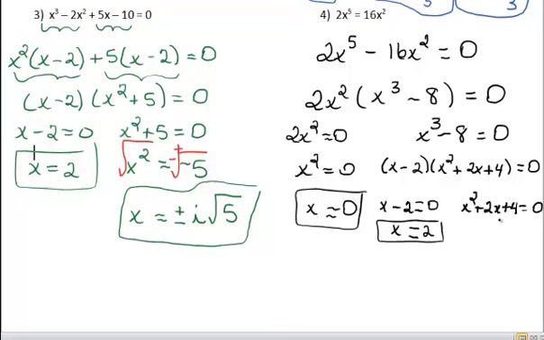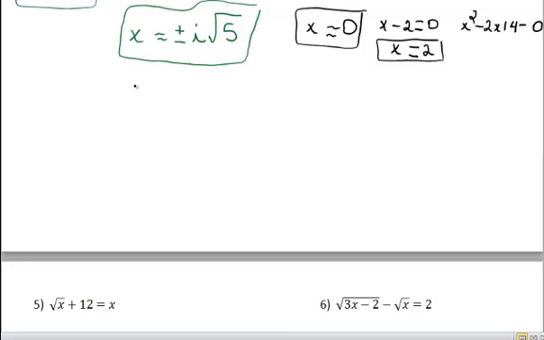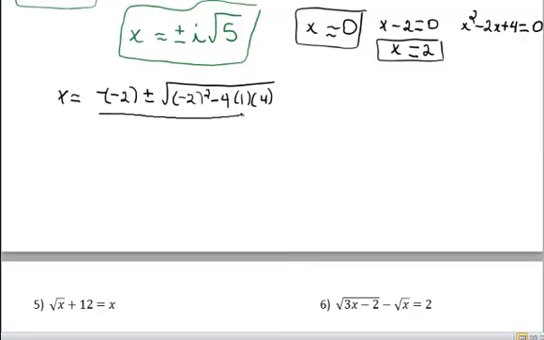This one won't factor, so we're going to have to use the quadratic formula. So let's see what happens. x is equal to negative b, so negative of a negative 2, plus or minus the square root of b squared minus 4ac, and that's all over 2a.